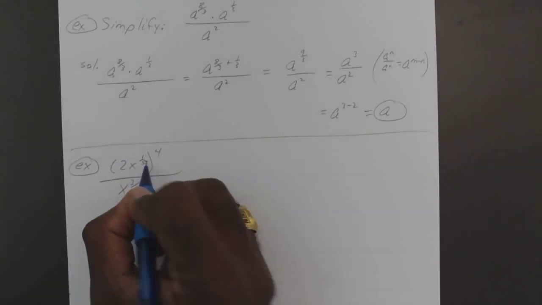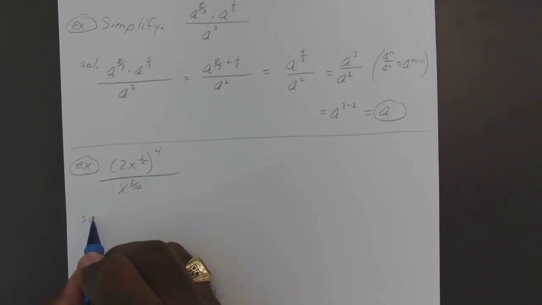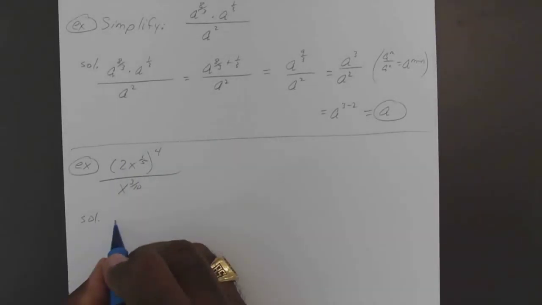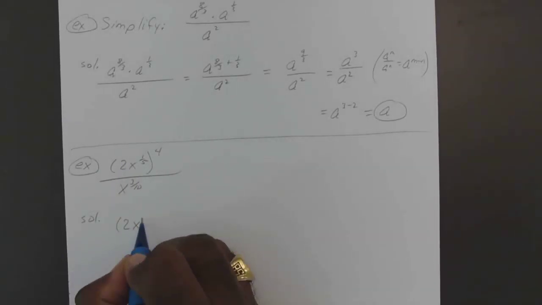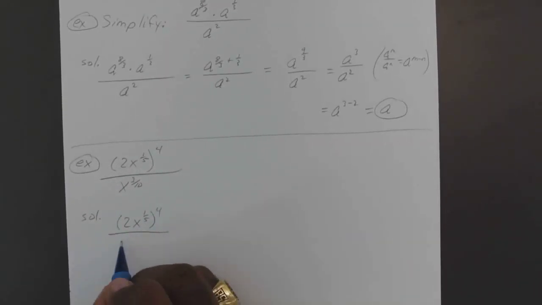Clean that, make it look more like a 5. There we go. Okay, so let's rewrite this. 2x to the 1/5 power to the 4th over x to the 3/10.